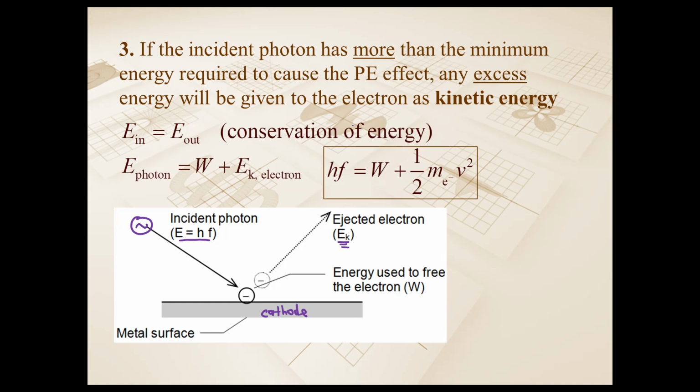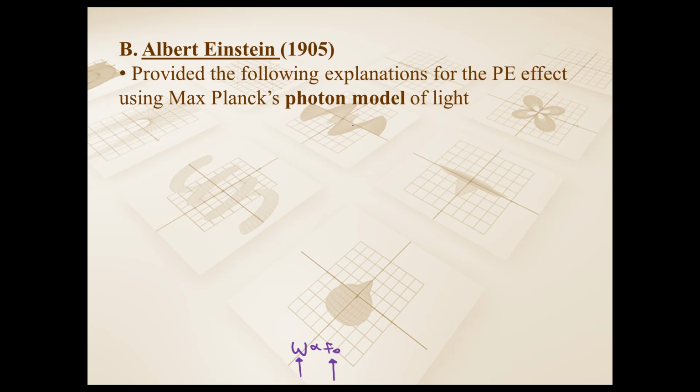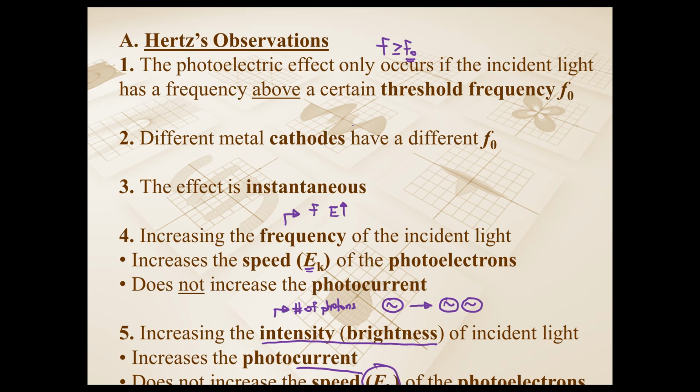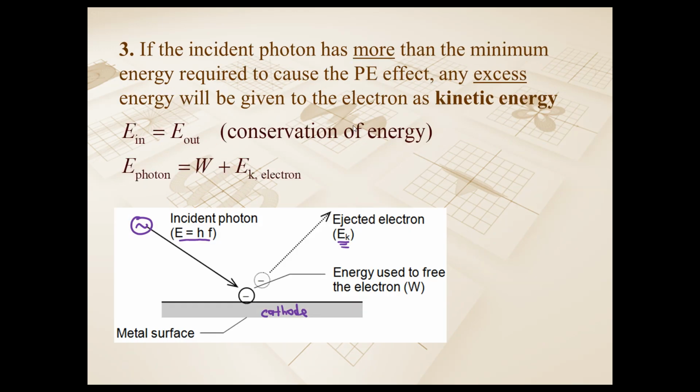So I believe the other observation told us that if you increase the frequency, you increase the kinetic energy. Well, we can see this directly in the equation here. In this equation, there's a relationship between the frequency and this term here.